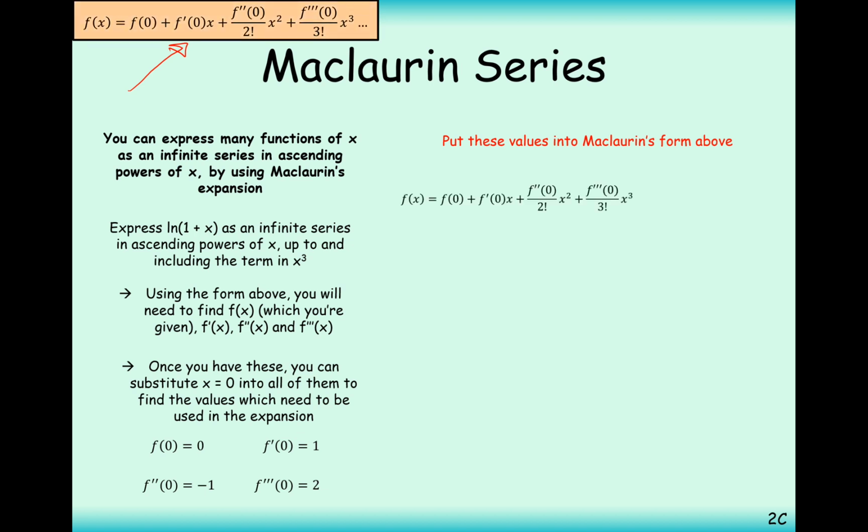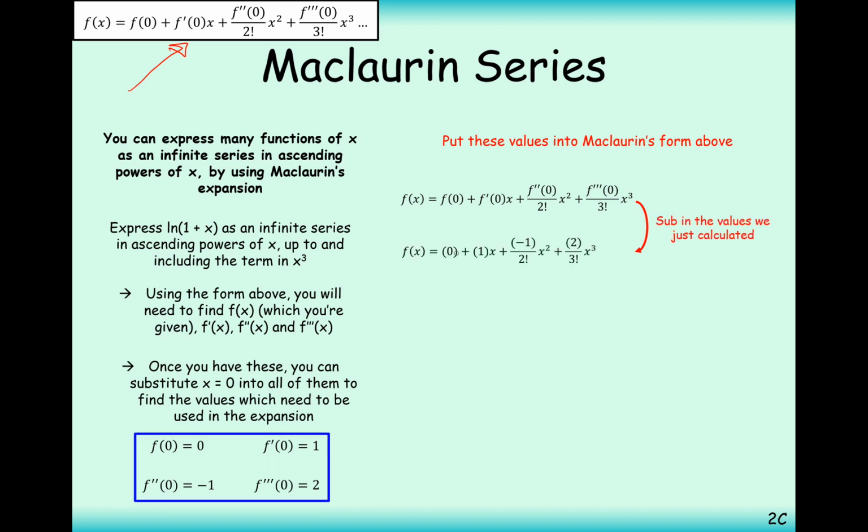So f of x is going to equal f of 0 plus f dash of 0 x and so on, that's the Maclaurin series expansion, and we'll now use those values. So we're going to write out f of x equals the first term, which is f of 0, which is 0. The next term will be f dash of 0, which is 1, so we'll put 1 in front of x.